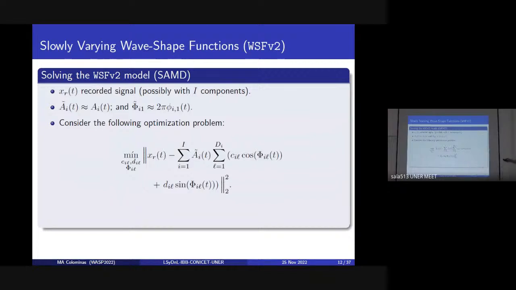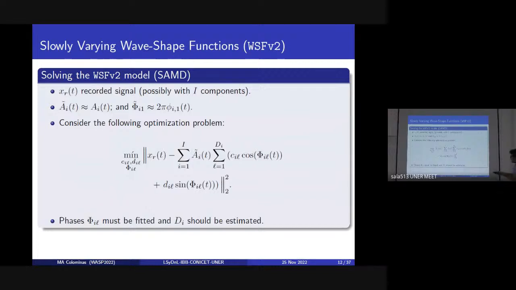And also we must find a way to model these phases. We will say that these phases have to be fitted, and also the D I should be estimated, and those trigonometric regression criteria that we studied with Joaquin work okay, and they work for more than one oscillatory component.